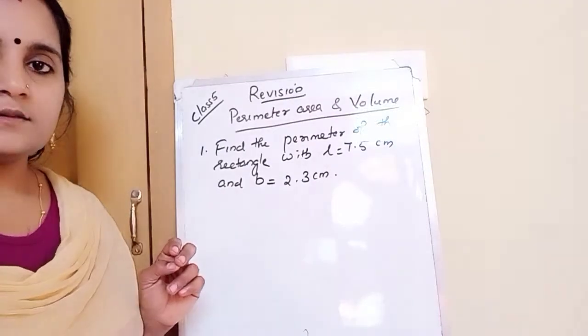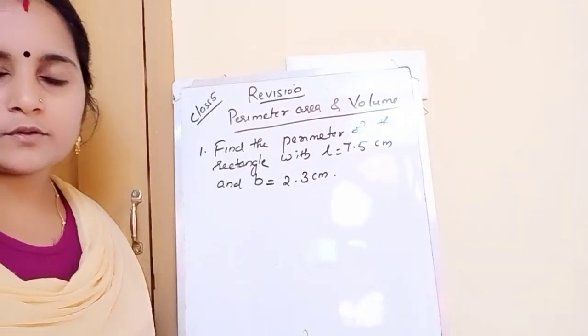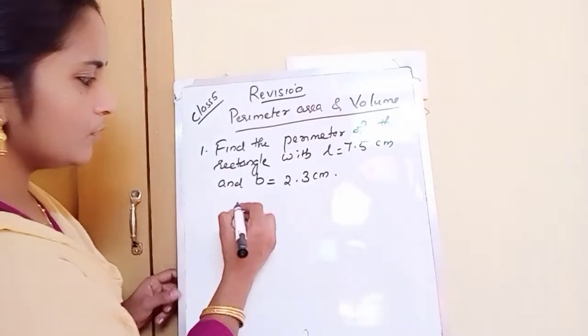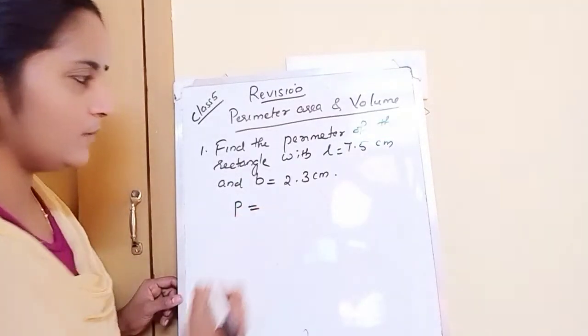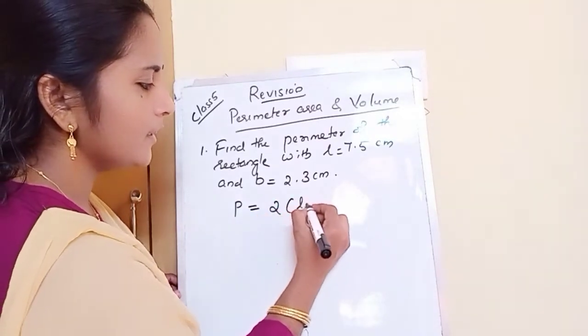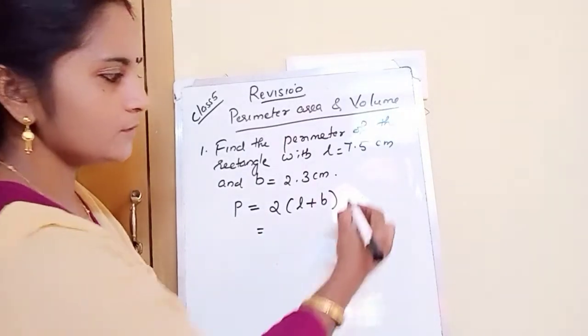Okay, this is the question, and every time at the time of doing the problem you write the equation also. So you know the perimeter of the rectangle is 2 into (L plus B). This is the equation to find out the perimeter.